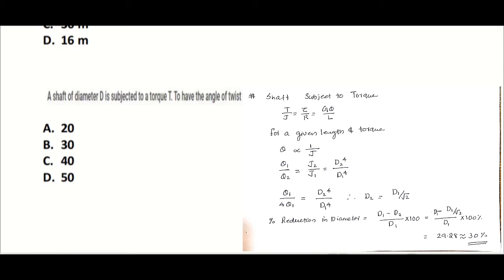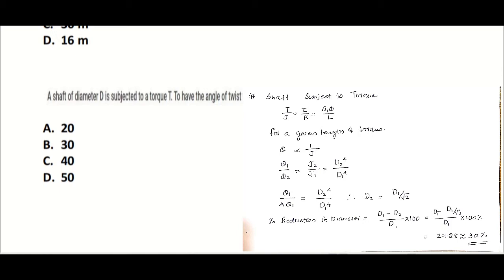So we need to find the relation between the angle of twist and the diameter. From T by J equal to G theta by L, the relation between the angle of twist theta and the diameter is that theta is directly proportional to 1 by J, that is, theta is inversely proportional to the polar moment of inertia of the shaft.